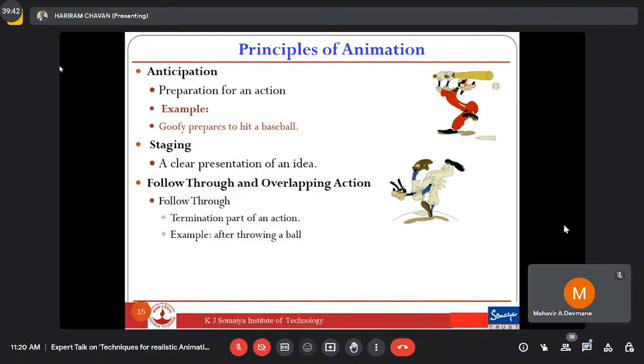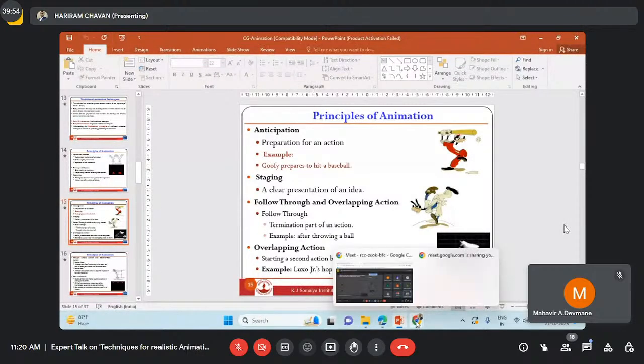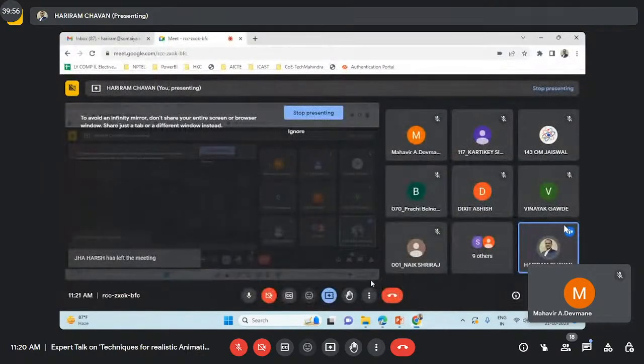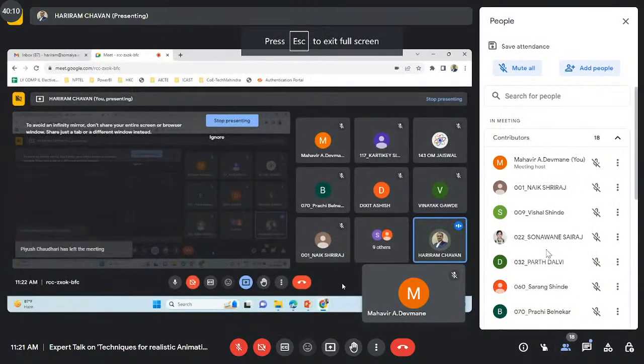Can anyone tell me what was the first principle which we talked about? Anyone? Because this indicates whether you are listening or not. So the first two principles which we talked about, what are these first two principles?